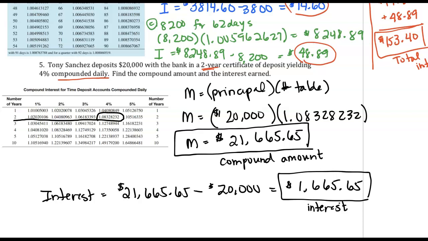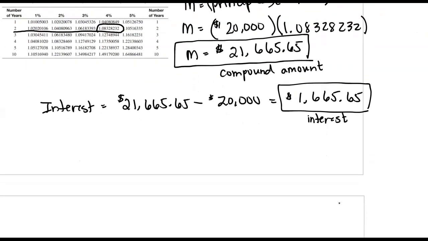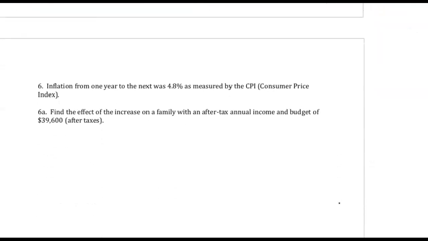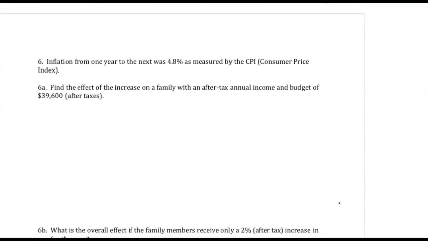We have one last question to end Chapter 10, Section 2. Inflation. Inflation from one year to the next was 4.8%, measured by the Consumer Price Index. Okay. Find the effect of the increase on a family with an after-tax annual income and budget of $39,600.